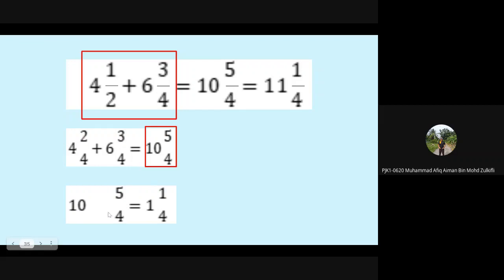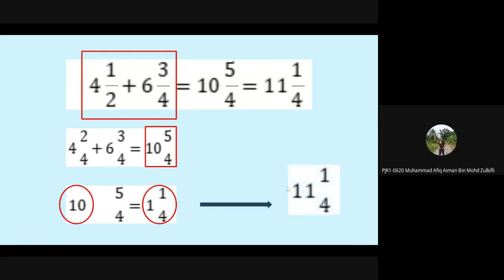Then we can settle the fraction part first, which is an improper fraction. So we have to convert it into a mixed number, and then we add both the whole number and mixed number just now, and it will become 11 and 1/4, just like this.